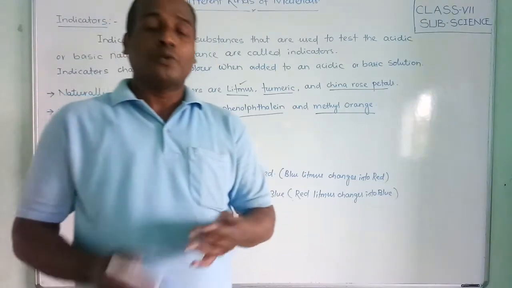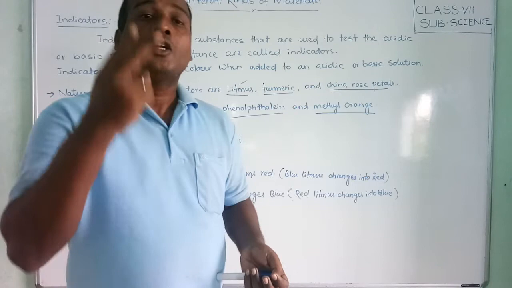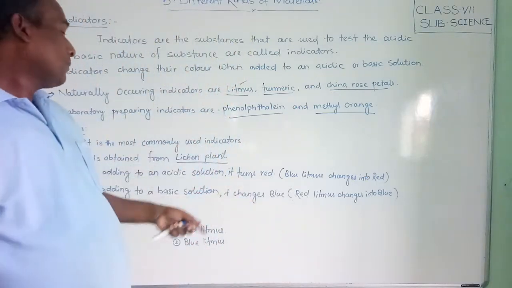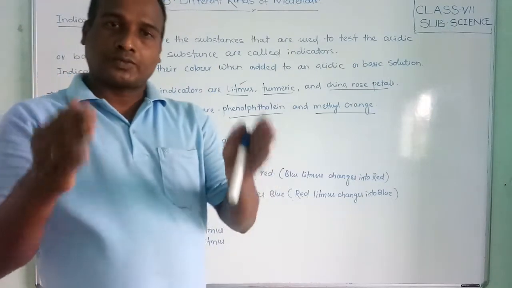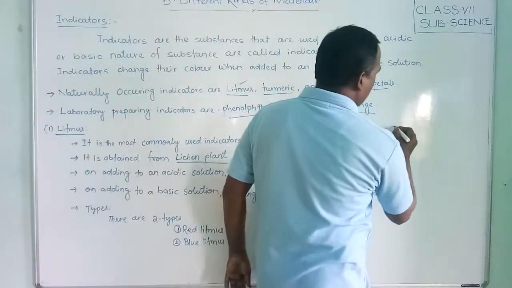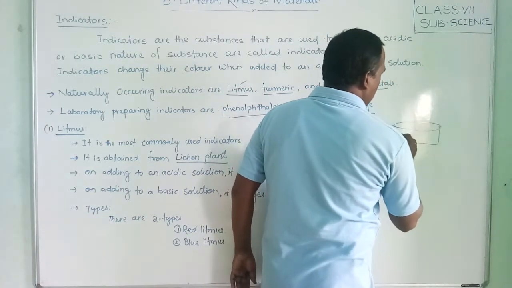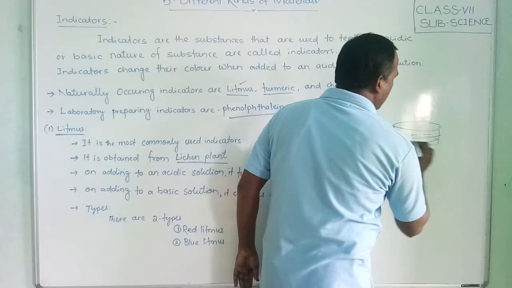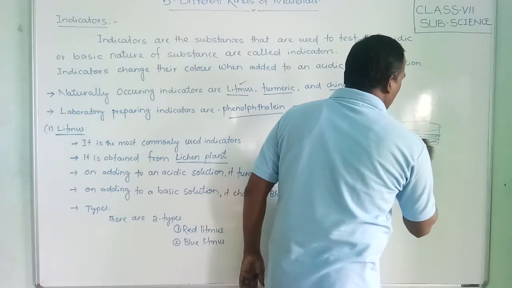On adding to an acidic solution, it turns red. Students, I told you litmus papers are of two types. Students, observe here, I am explaining with an activity. Suppose you have taken a substance, an unknown solution.